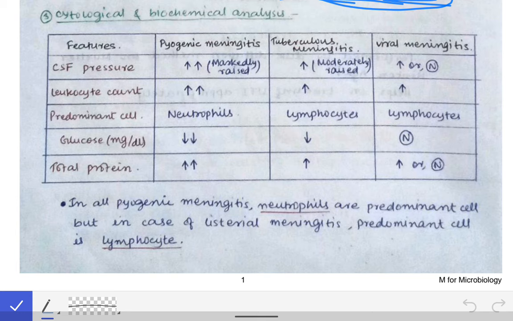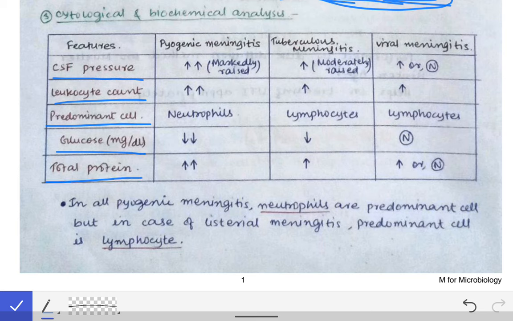After getting the reports, what are the cytological and biochemical things that we see in the report? We will analyze the cytological and biochemical reports. In that analysis, we have CSF pressure, the leukocyte count, predominant cell, glucose, and total protein.